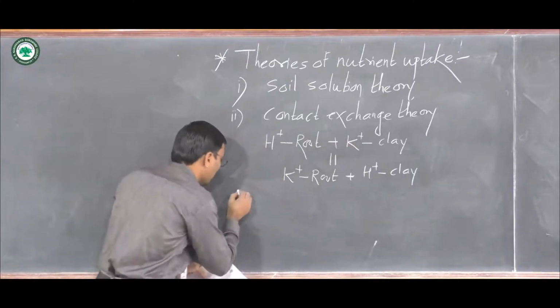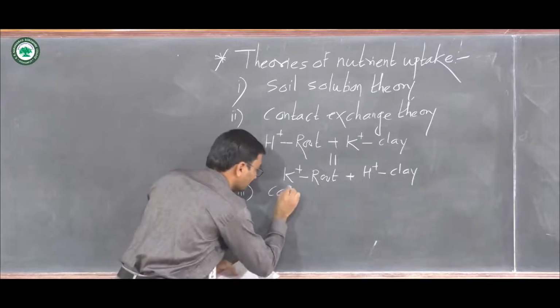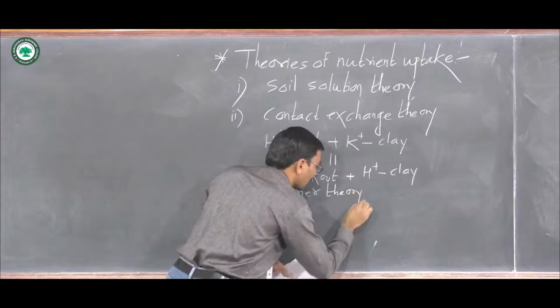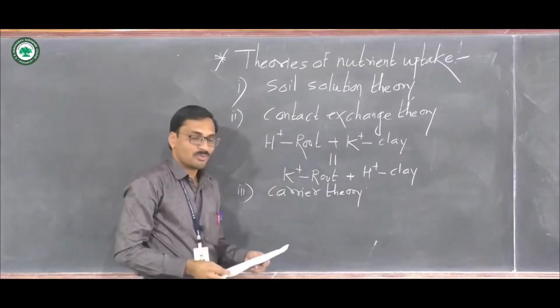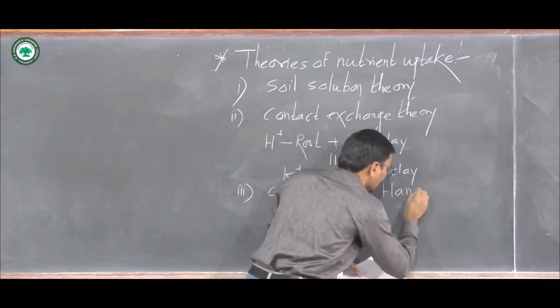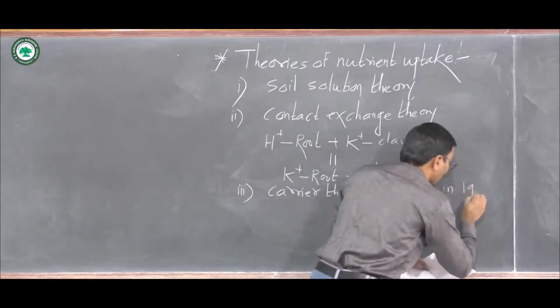Then the third theory is carrier theory. This theory was explained by the scientist Hansen in 1955.